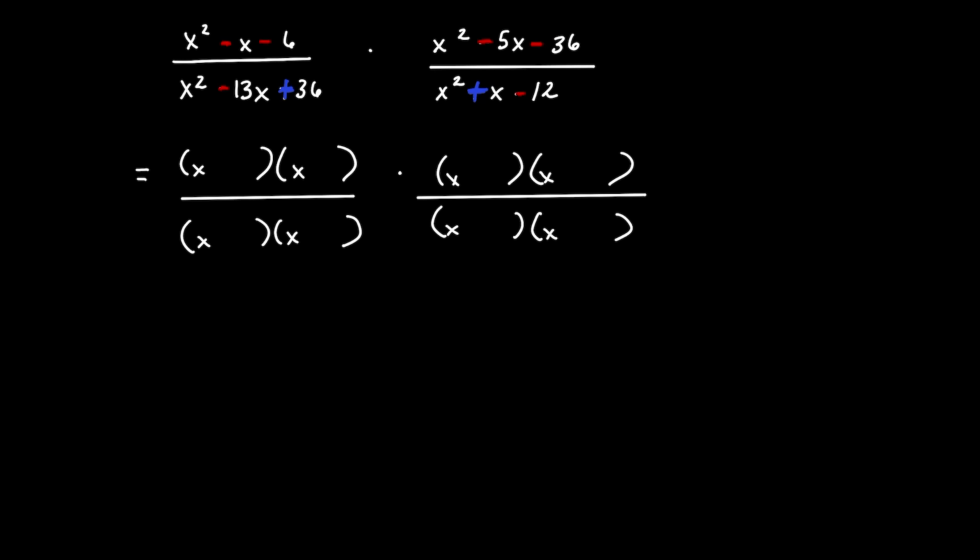So starting with that top left expression, x squared minus x minus 6, we have a minus, so it'll automatically be a plus and a minus in the parentheses.